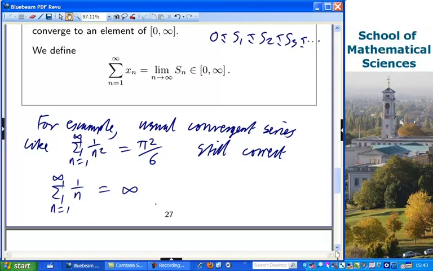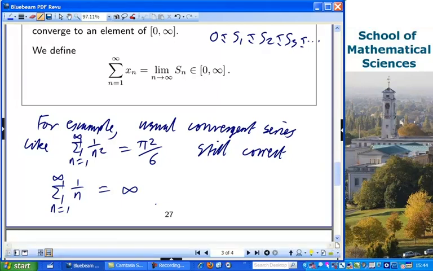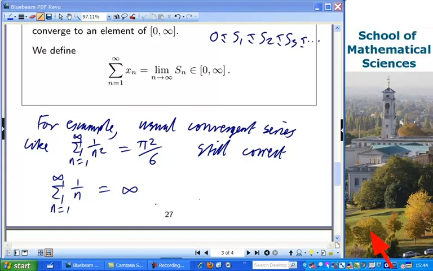The series are more interesting if you've got something like this harmonic series, where you're adding non-negative real numbers and the result is plus infinity. Because, as I said, if any of the xn's are plus infinity, then as soon as you get to that term, your partial sum will hit plus infinity and it can never leave again. So that's it.